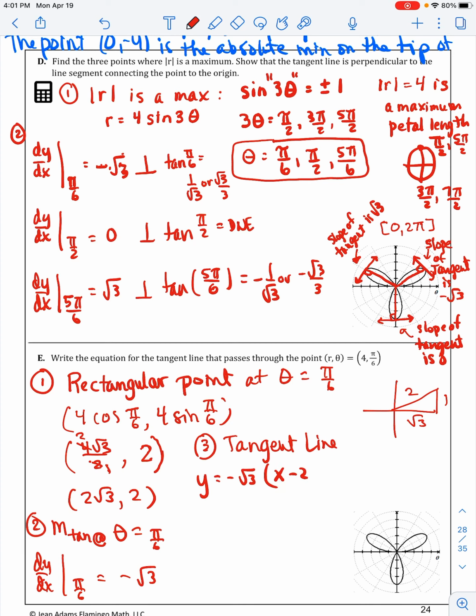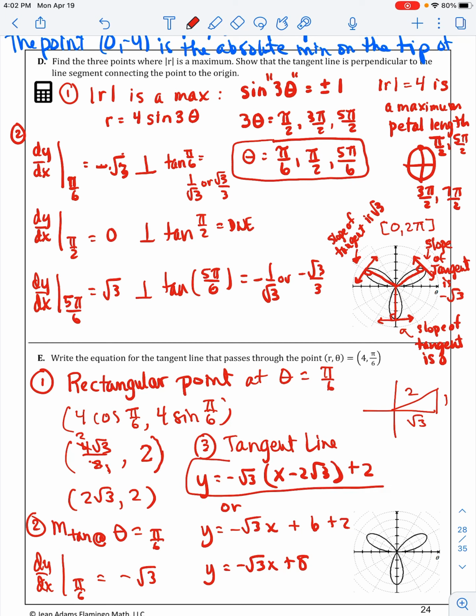So y equals negative square root of 3 times x minus 2 root 3, plus 2. And if you wanted to, distribute, you'd have negative square root of 3 x plus 2 times 3, 6, plus 2 would give you y equals negative square root of 3 x plus 8. So either this one or this one works.